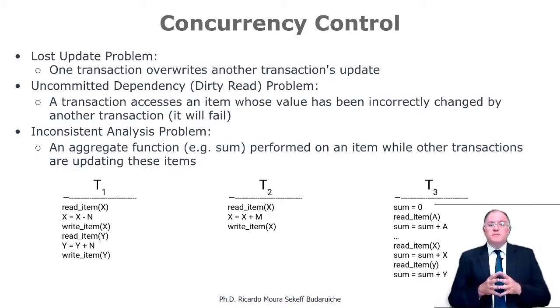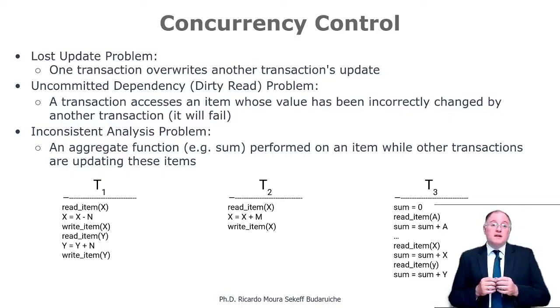The second problem is called uncommitted dependency or dirty read. It is a problem that occurs when a transaction tries to read a value before it's changed by another transaction. The value read does not reflect the true value after the second transaction commits the new value.